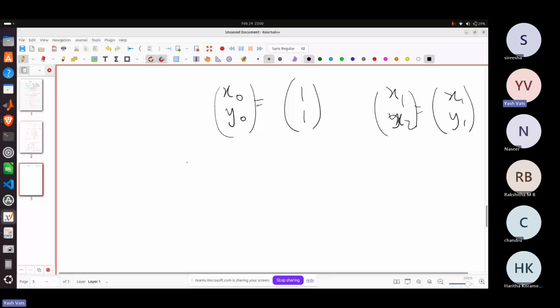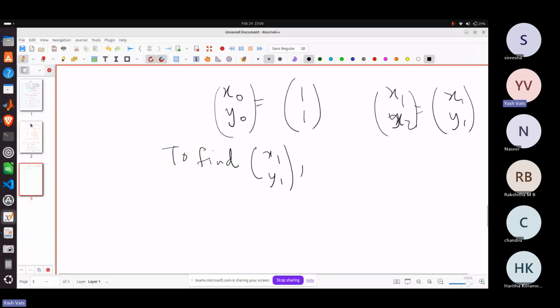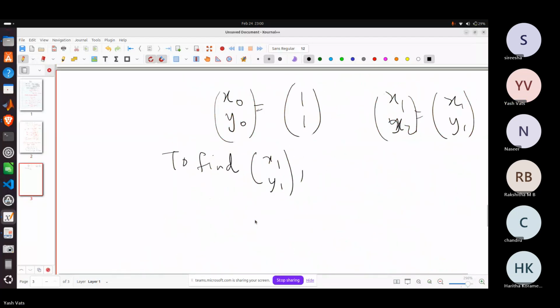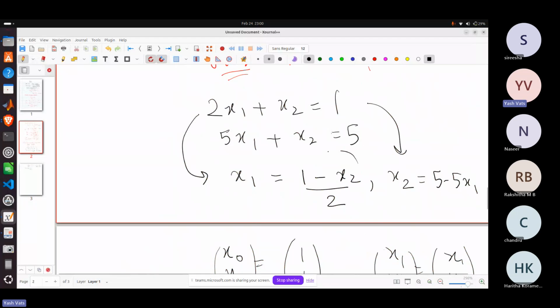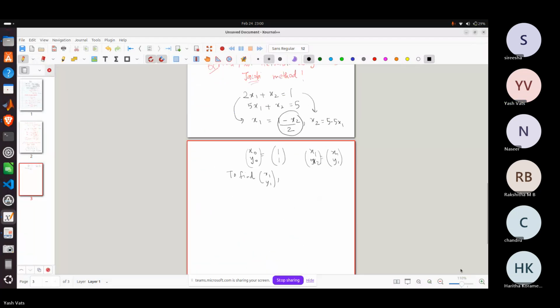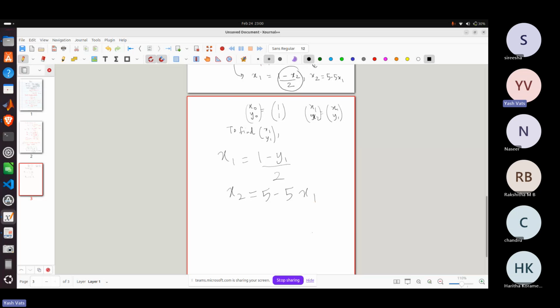So to find x1 y1, if you go in the previous slide and see here, x1 is 1 minus x2 by 2, which is x1 is 1 minus y1 divided by 2 and x2 is 5 minus 5 times x1, and this is the next iteration, so it is x1 and y1.